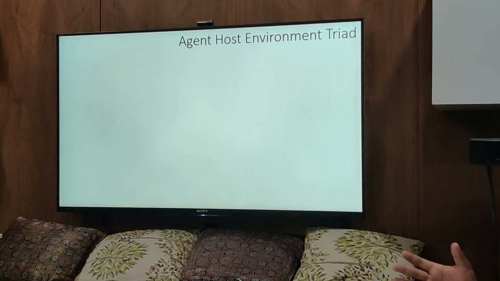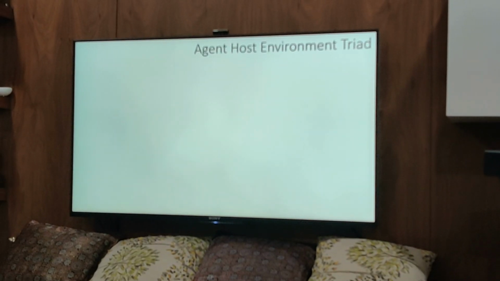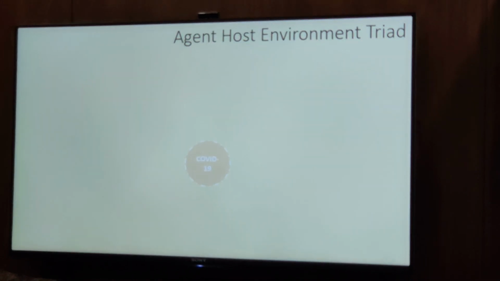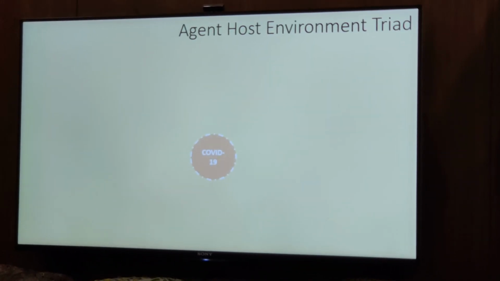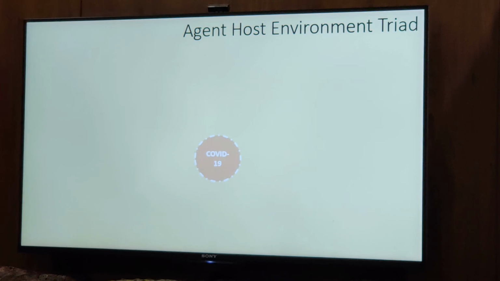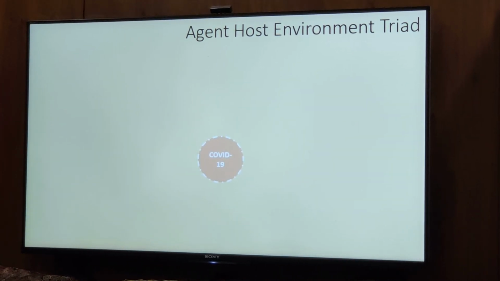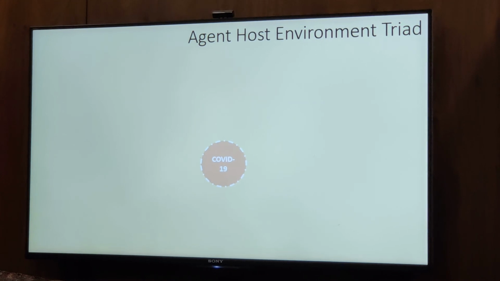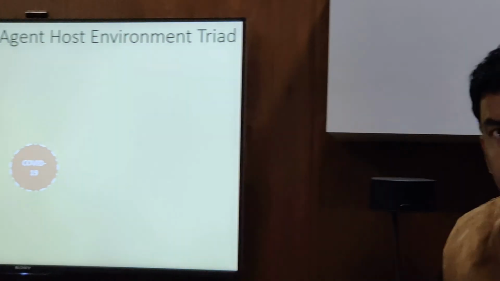For any disease to happen, and in this case we are talking of COVID-19, there has to be an agent, there is a host, and there is an environment. And let's look at the interplay of factors and what may turn out to work a little bit in favor of reducing the burden of this disease or the impact of it in terms of fatalities, etc.